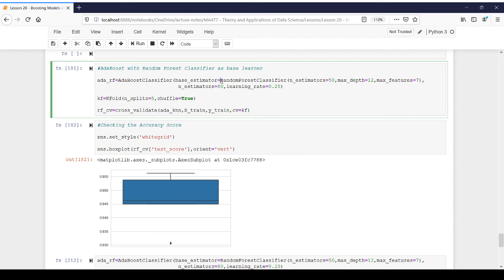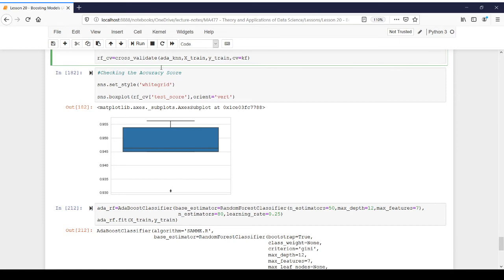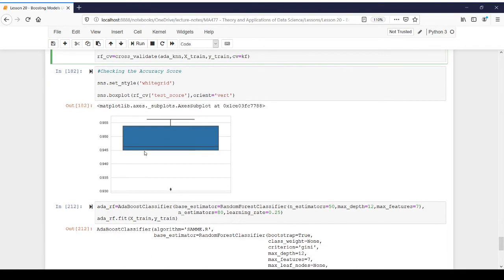Basically, I'm fitting these random forests 80 times, okay? And with a learning rate of 0.25. So in this case, if I do cross-validation with 5 splits, this is what we get.